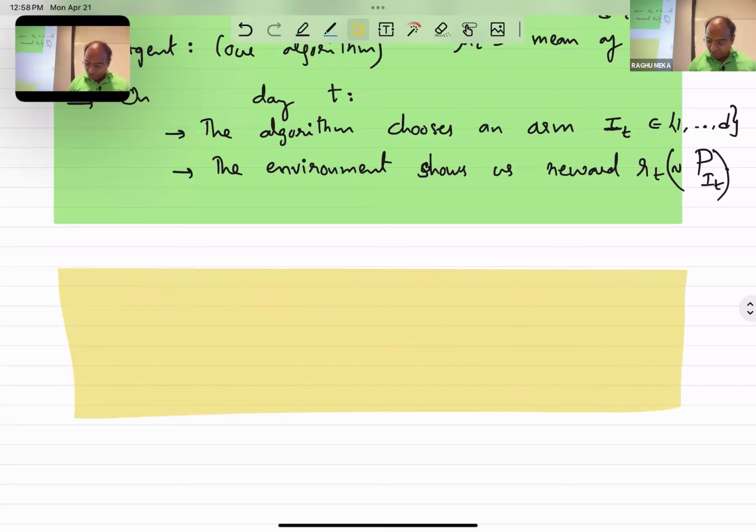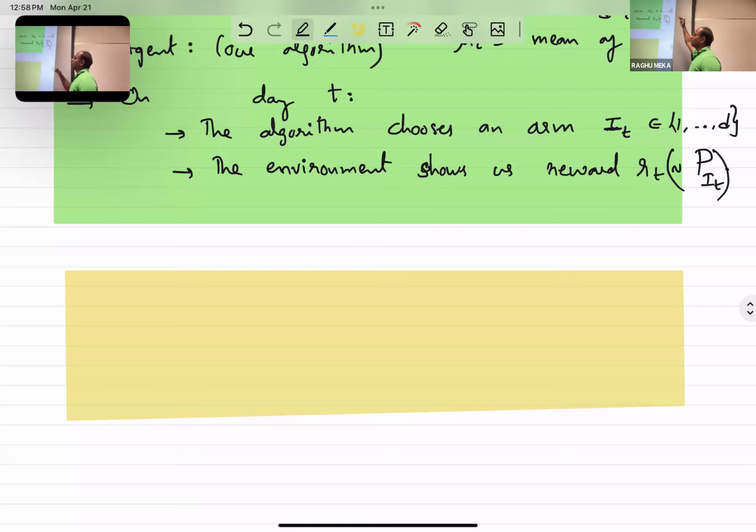And what should the goal be? You can come up with various objectives depending on the context, but the most natural and generic goal is to minimize the gap, just as we did for multiplicative weights. Except here, the regret is not going to be the actual regret, but the expected regret.